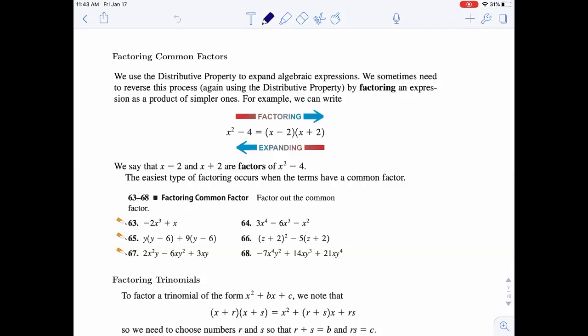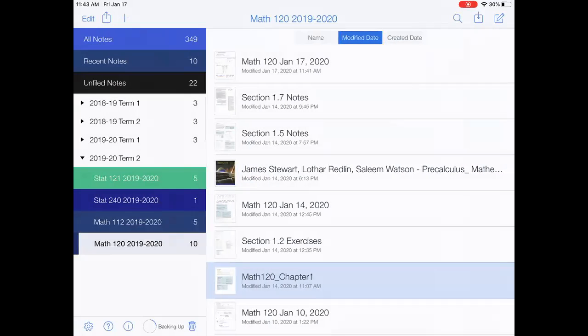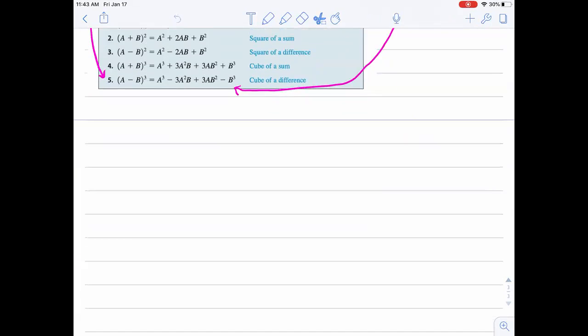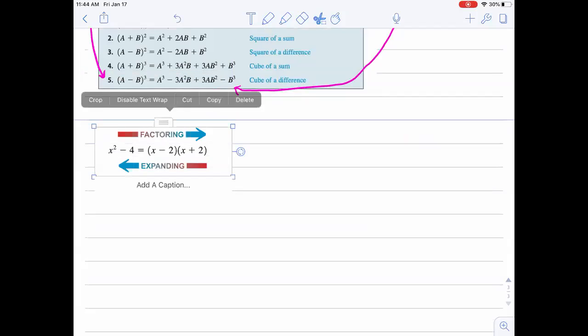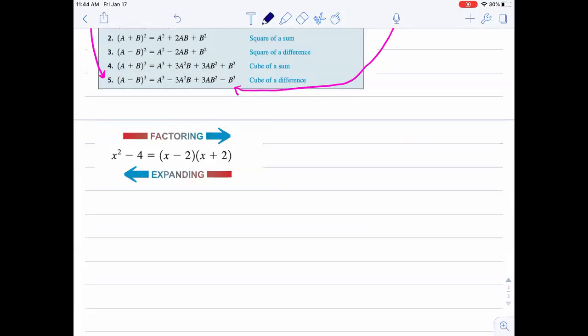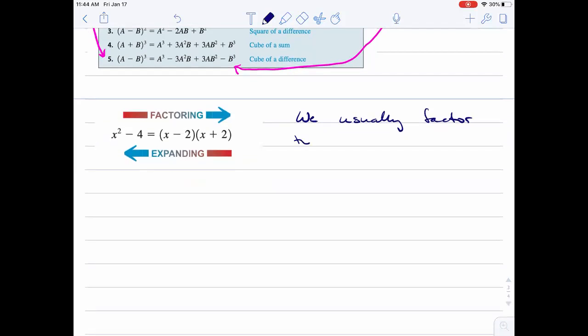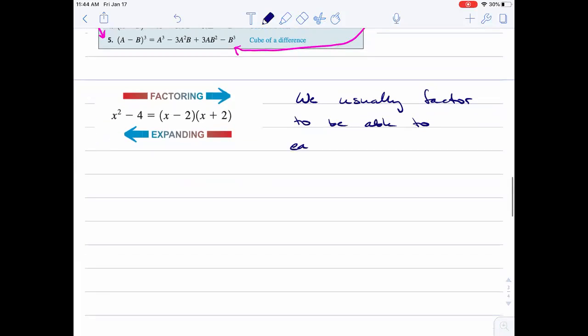So for example, we usually factor to be able to easily cancel a term.